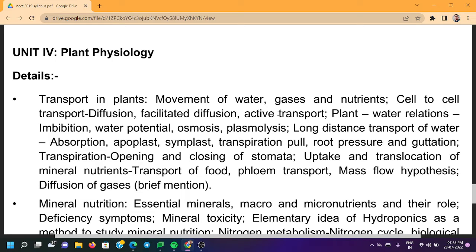Transpiration, opening and closing of stomata, uptake and translocation of mineral nutrients, transport of food, phloem transport, mass flow hypothesis, diffusion of gases, brief mention.